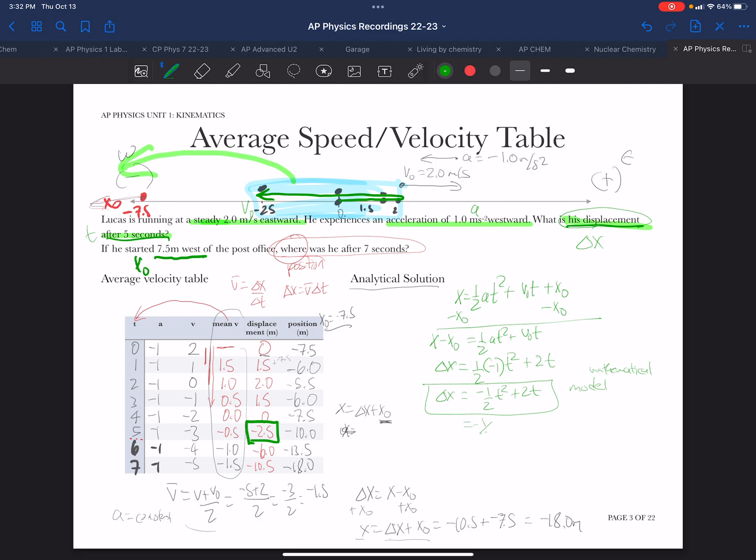So we wanted to know what happens after 5 seconds. We put in 5, and we get -1/2 of 25 plus 10. And that is -12.5 plus 10, which gives a final answer of -2.5 meters. That is the displacement, and that's what we said our answer was when we used the table. So we could use this formula to plug in and get our answer.